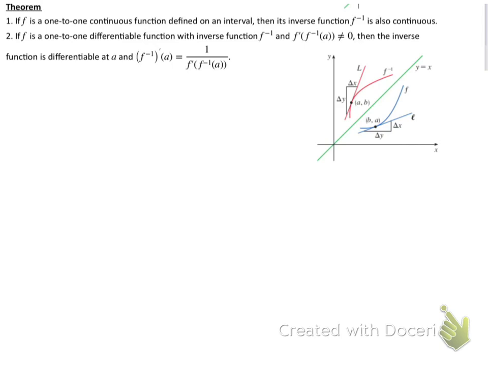This looks a little bit complicated, so let me tell you what's really happening here. Say your function f maps b to a. This is your f. Then f inverse of a will equal b.